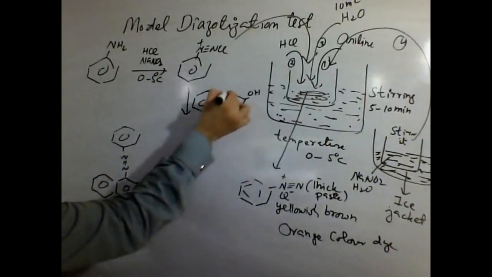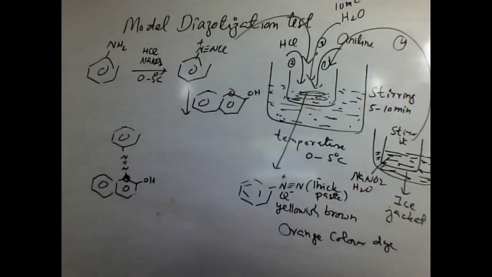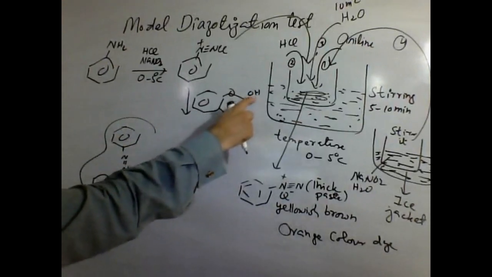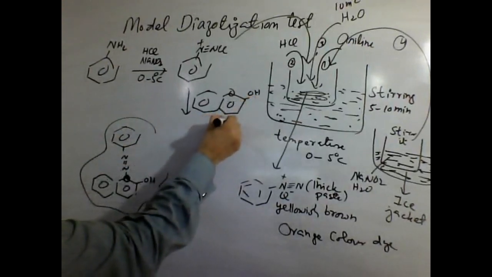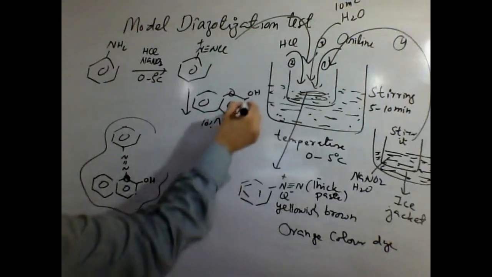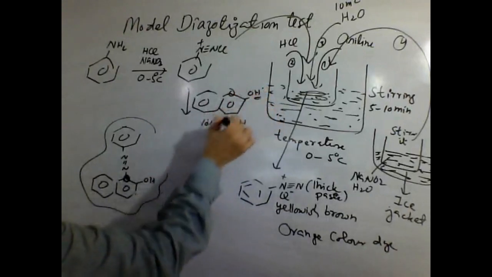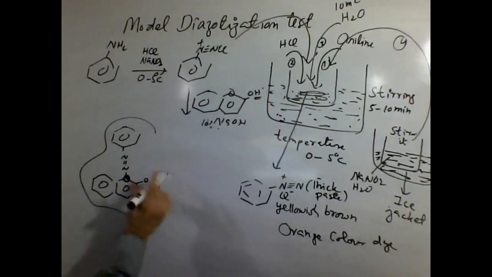In beta-naphthol, this carbon, the ortho carbon, has undergone an electrophilic substitution, giving us this sort of product. As this body was dissolved in sodium hydroxide, it's a base. This body is supposed to be some sort of an acid, so the acid-base reaction gives us the sodium salt.